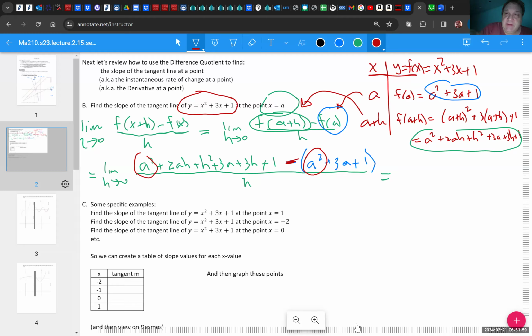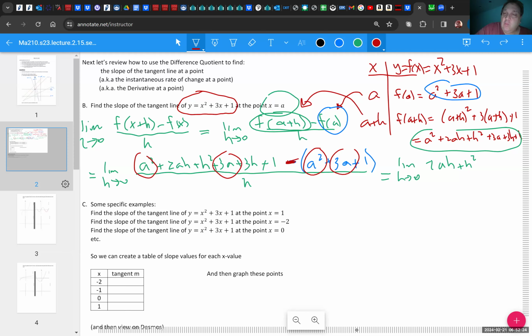Let me write my limit first. 2ah doesn't combine with anything, so I write my 2ah. I have an h squared, which cannot be combined. I do have a 3a and a minus 3a, so that's 0. Next, I have 3h, which does not simplify with anything else.